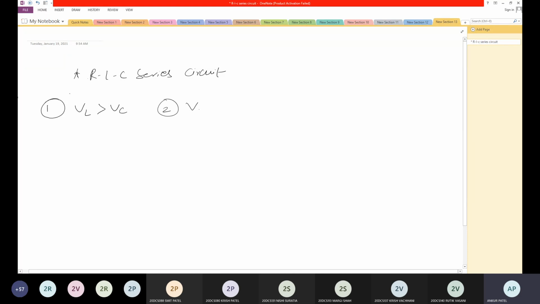Second condition is VC greater than VL. And third condition is VL equal to VC. Or you can write I into XL, I into XC. So by I cancel, you can also write XL greater than XC, XC greater than XL, or XL equal to XC. So we know this XL greater than XC or VL greater than VC.